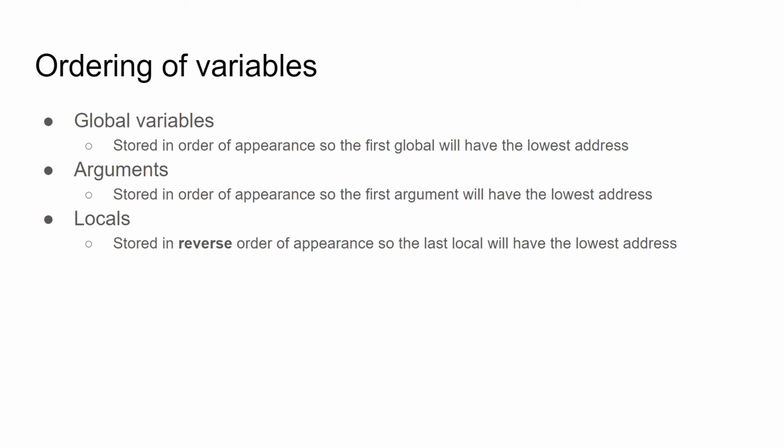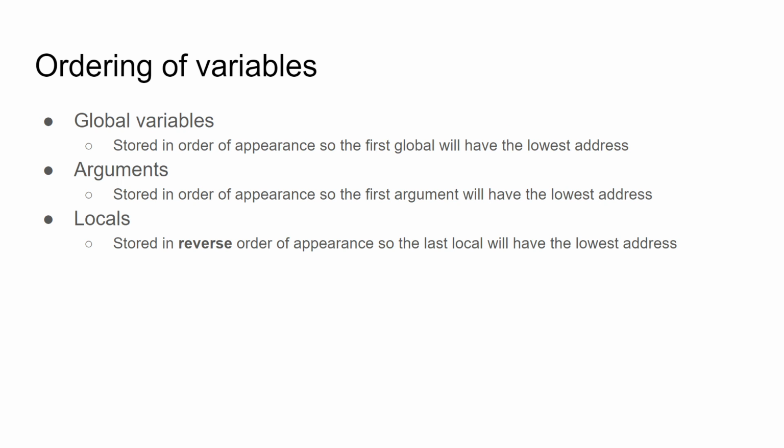So let's talk about how variables appear. Global variables are stored in order of appearance. So if we have globals A, B, C, D, A will be at the lowest address, D at the highest address. Arguments are also stored in order of appearance, so the first argument has the lowest address. If we had arguments X, Y, Z, X would appear, then Y, then Z, next to each other in memory.